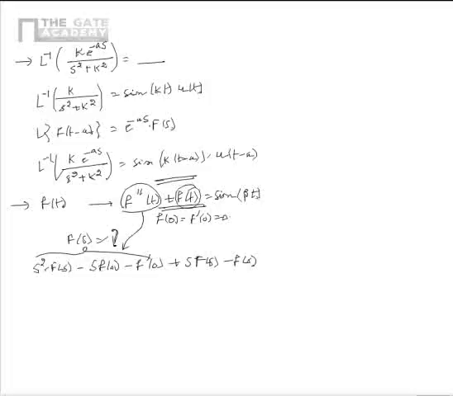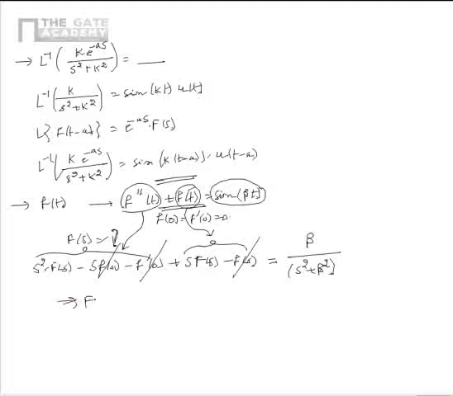Similarly, the Laplace transform of f of t is s into F of s minus f of 0. This is equal to the Laplace transform of sine beta t, which can be written as beta divided by s square plus beta square. But it is given that f of 0 is 0 and f dash 0 is 0.